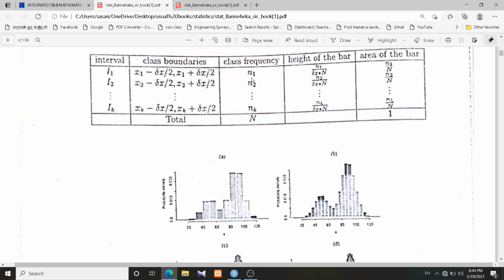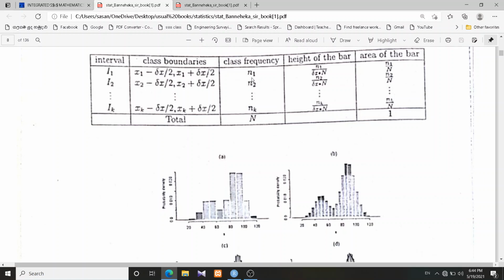The probability that can be assigned to a particular class is given by the area of each of these bars, right? So the corresponding bar gives you the corresponding probabilities.